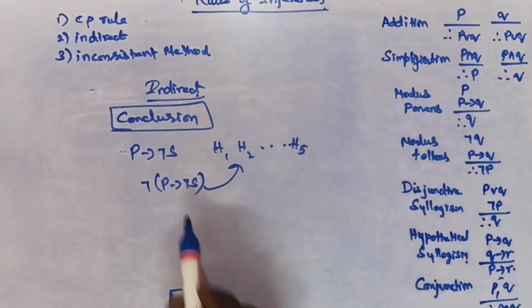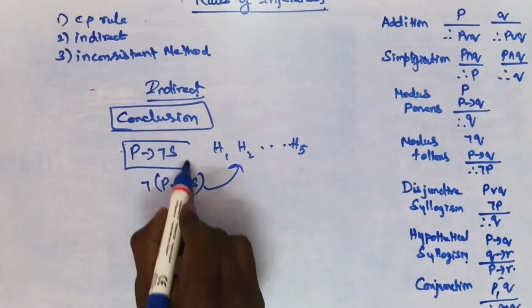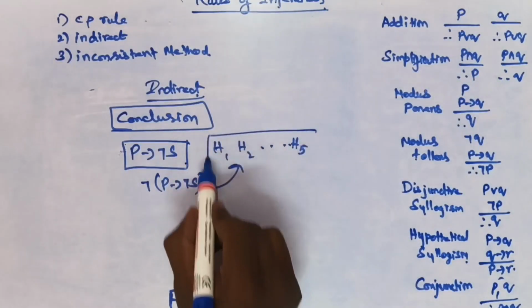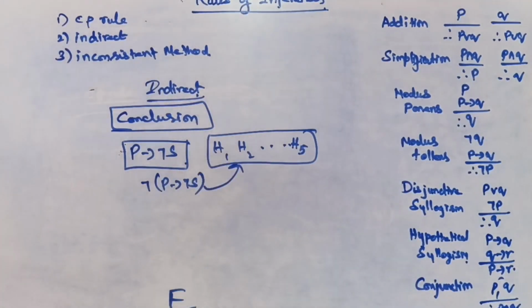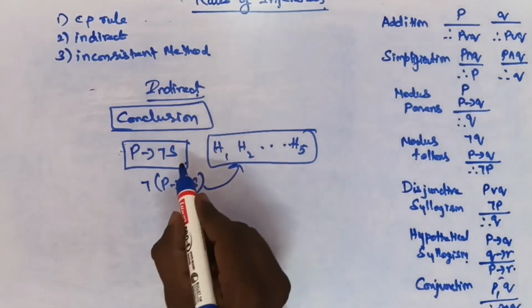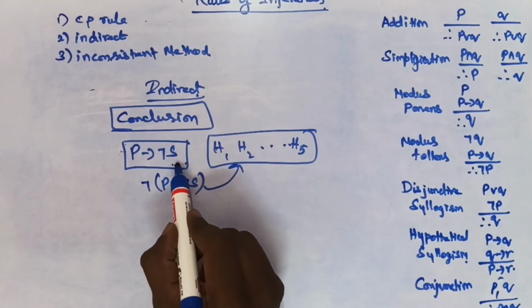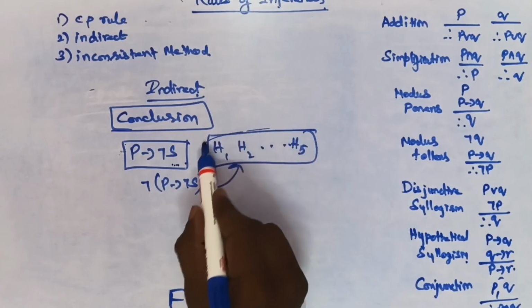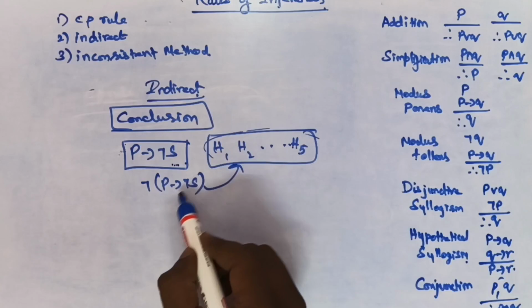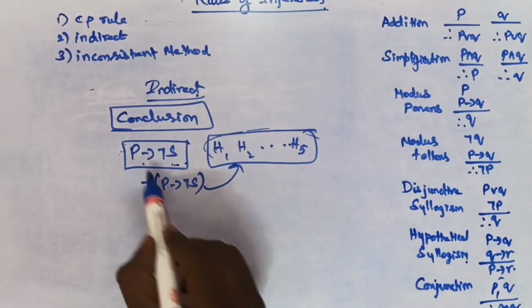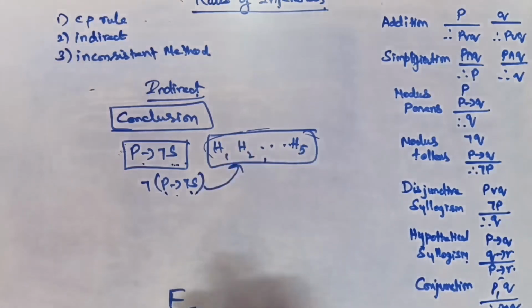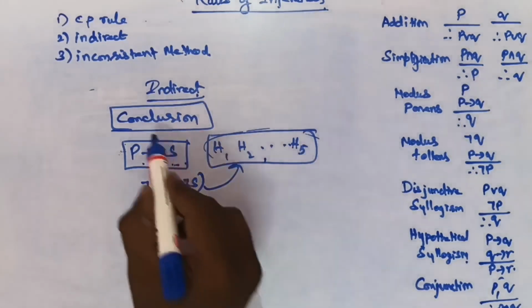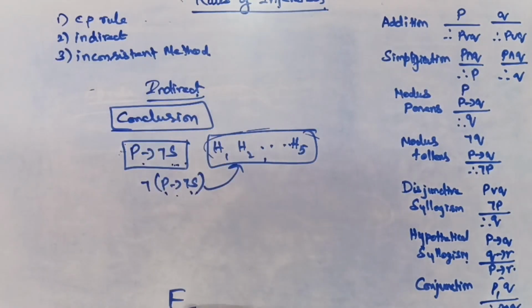The conclusion is this, and these are the set of premises. Use them and prove this by the indirect method. That means you take the negation of the conclusion and include it as one of the premises with the others. Finally, if you obtain false, then it is called the indirect method.